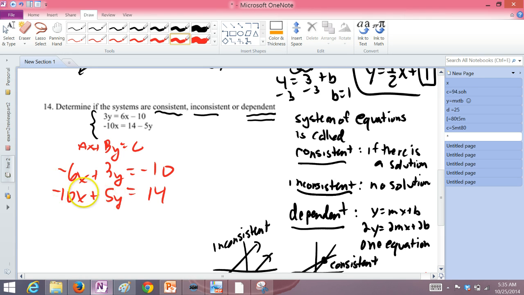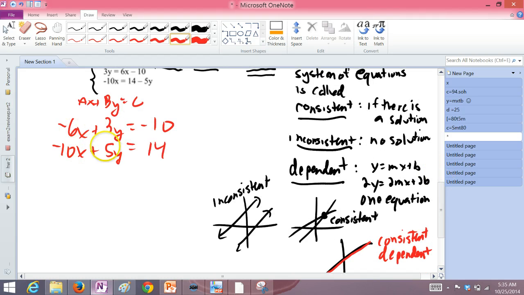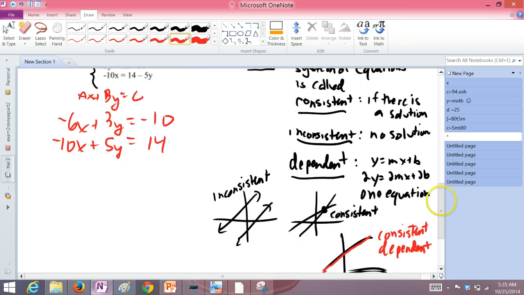Well, let's see. If I find the slope of the one and find the slope of the other, I think they get to be the same slope. Yeah. Let's just do that real quick. We don't have to solve the systems. They just want to know what type of system it is.